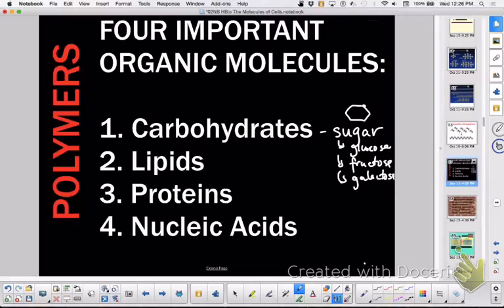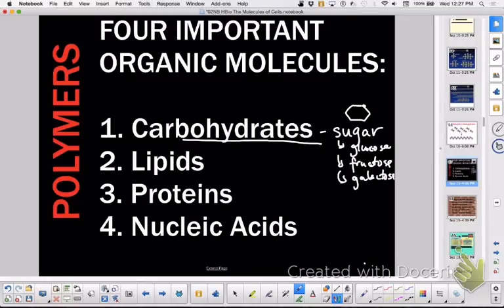Maltose. Glucose plus fructose gave you sucrose, table sugar. Glucose plus galactose gave you lactose, milk sugar. When you hook 2 sugars together, what is that called? A disaccharide. Okay?